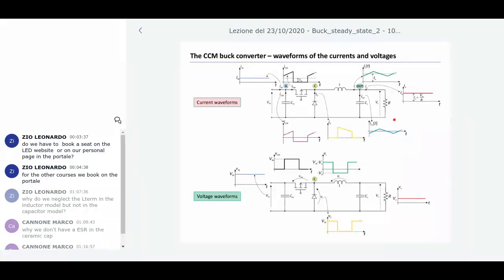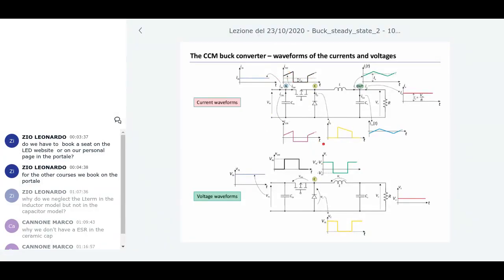I have a switch current, which is equal to IL during on and 0 during off. I have a diode current, which is 0 during on and equal to IL during off. And then I have the current flowing to the input capacitor, which is equal to the switch current minus its average value, which is I in.